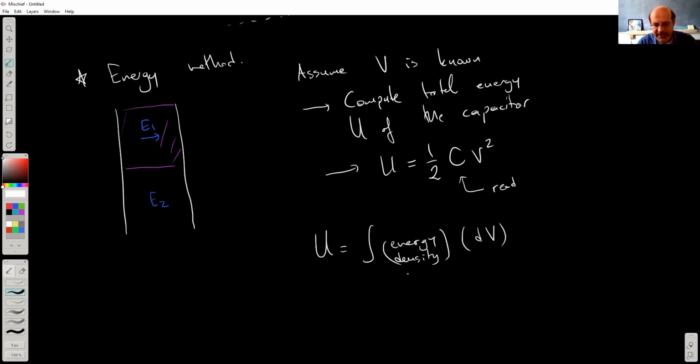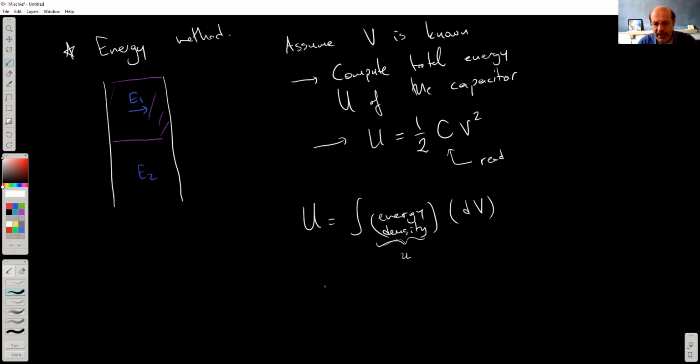But let's remember this energy density expression. So this is the little u that I'm writing down. This little u had this formula: 1/2 of epsilon 0 times E squared, but it contains an epsilon 0 inside. So in the new formulation, this energy density has to be equal to 1/2 of epsilon times E squared.